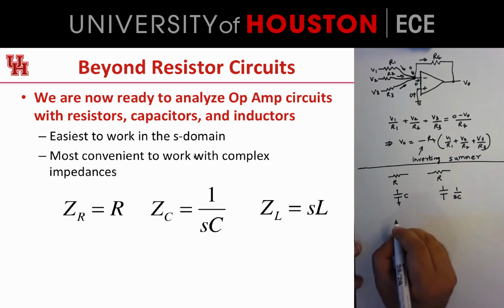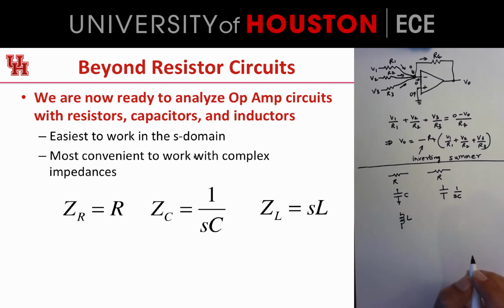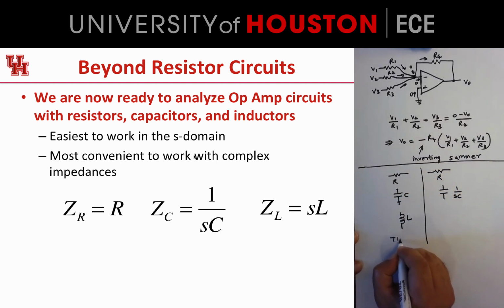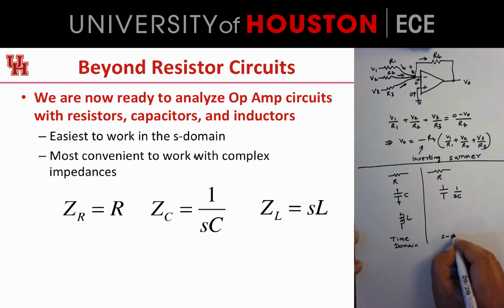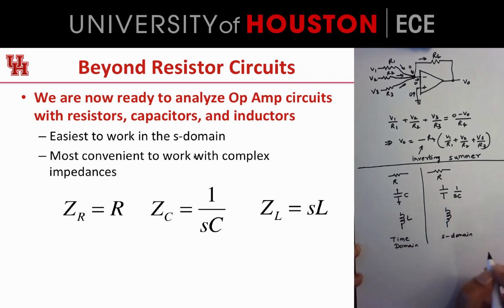Now, if I have an inductor L in the time domain, so what's on the left is the time domain picture, and what's on the right hand side is the S domain or the frequency domain picture. This inductor, we still sketch it the same way, except its impedance is going to be SL.